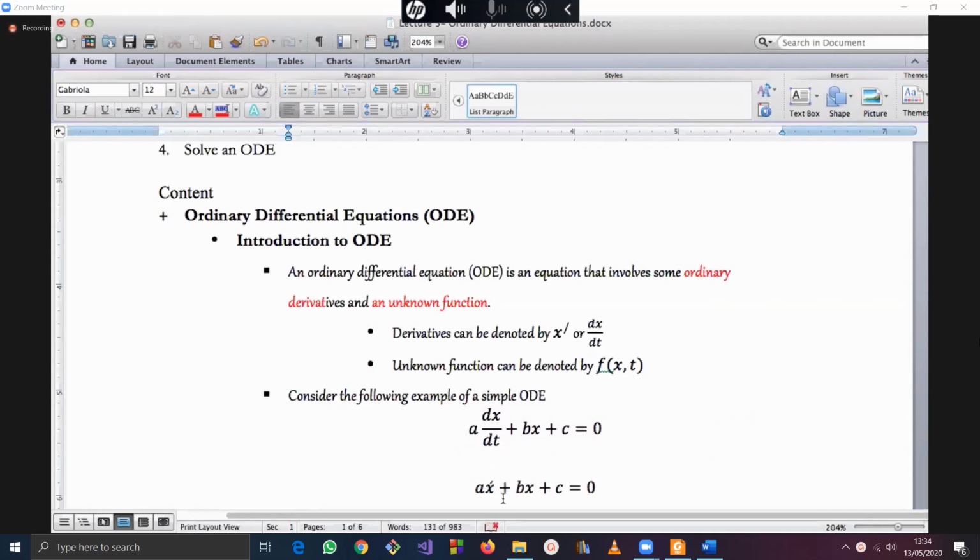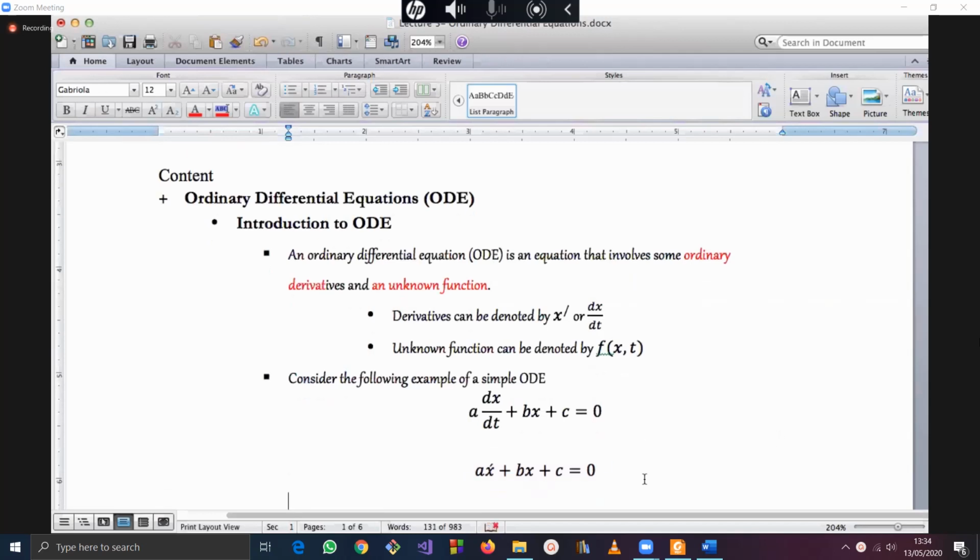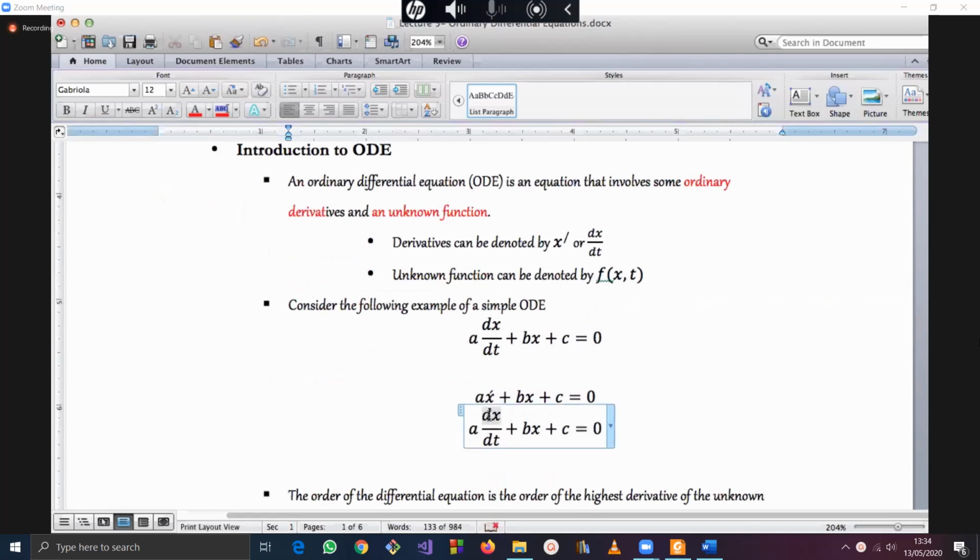Either way, there's the derivative part, and then there's the unknown. So that is an example of an ODE. We can have an ODE of this particular nature.